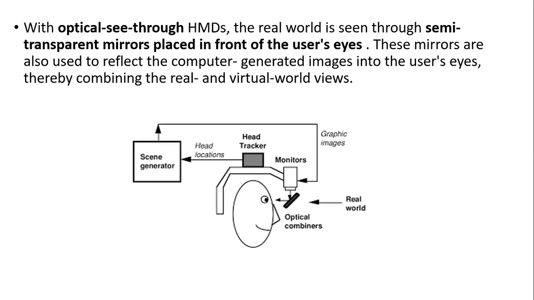And these mirrors are also used to reflect the computer generated images into the user's eyes. Thereby, it will combine both the real world and the virtual world contents. This is the difference between video see-through and optical see-through HMDs. These are two different types of visual units.